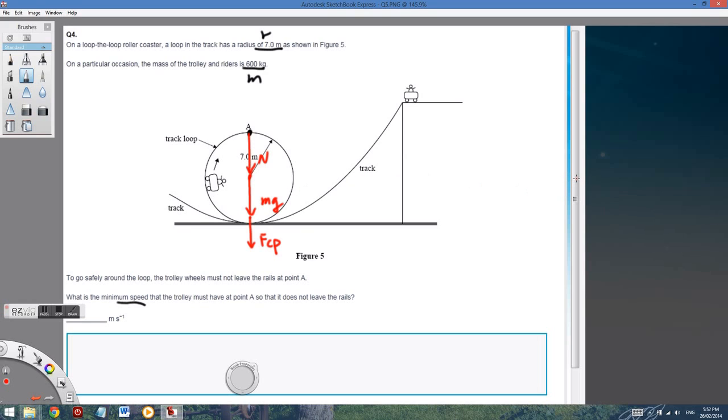So let's write down an equation. They're all downwards. Remember, the sum of all forces is your net force. In this case, it is your FCP, which is negative because it goes downwards. Now you have a negative normal force going downwards, take away mg. If we rearrange it, removing the minus signs, it will be plus.